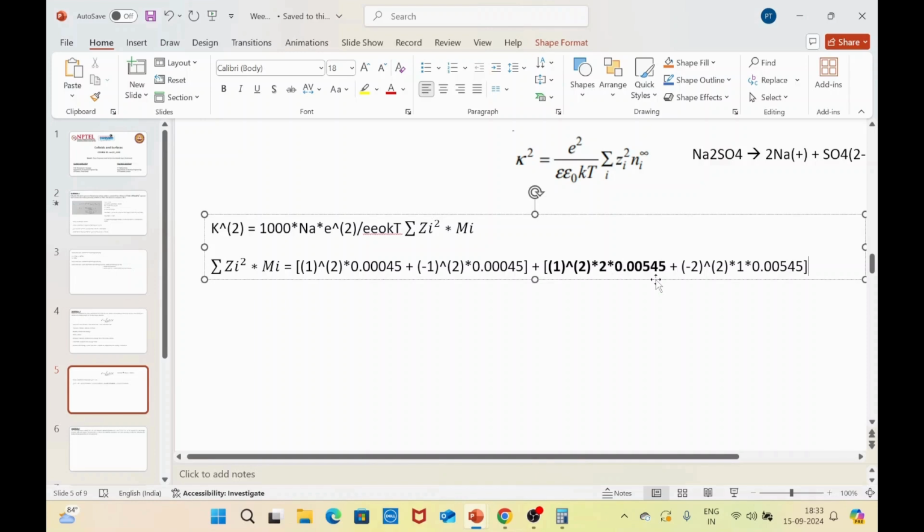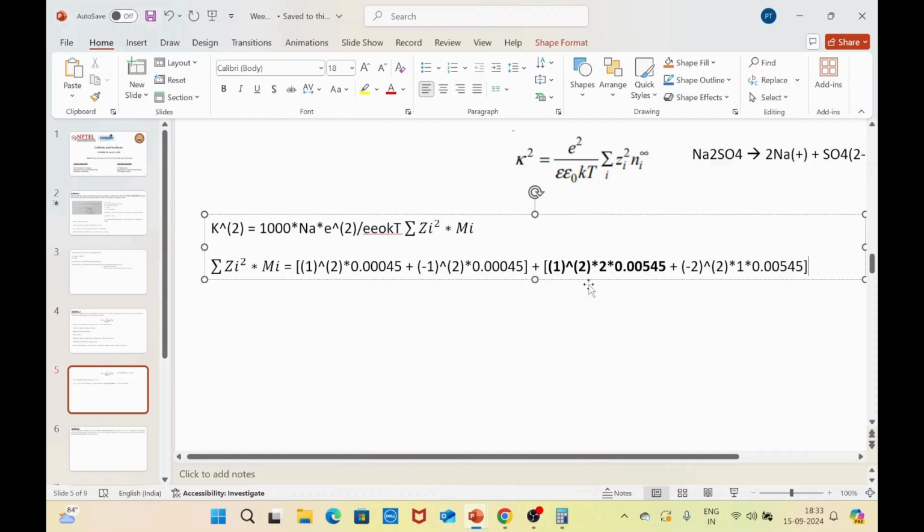If you are getting confused with a particular compound, for example if you are given an asymmetric electrolyte with Z plus and Z minus as 3:2, the cation has plus 3 charge and the anion has minus 2 charge.